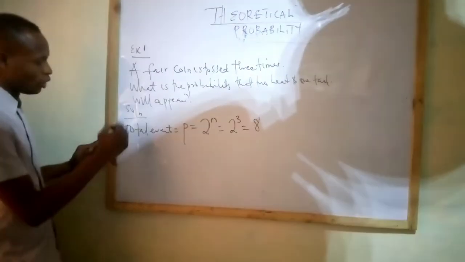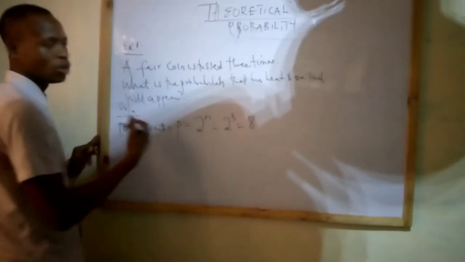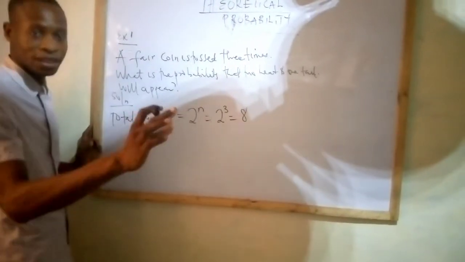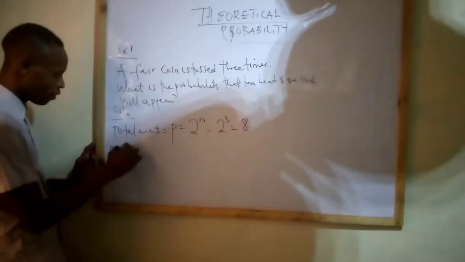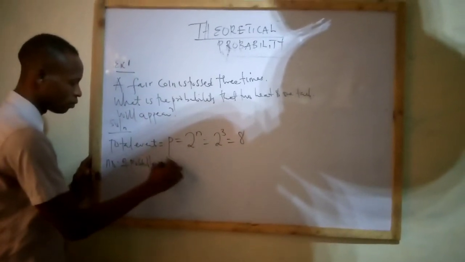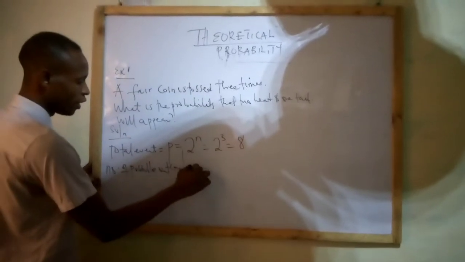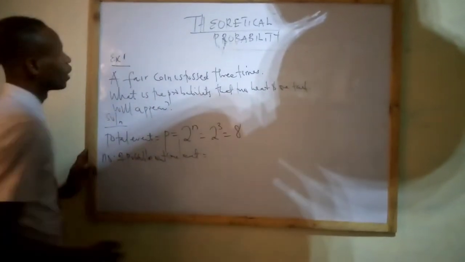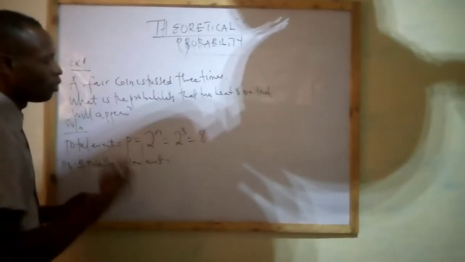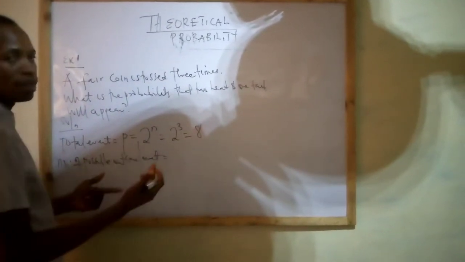Okay, now to get the event of a coin, we need to get the total number of possible outcomes, which is the same as total event. So we say the number of possible outcomes. When you toss a coin 3 times, you have possible sides.